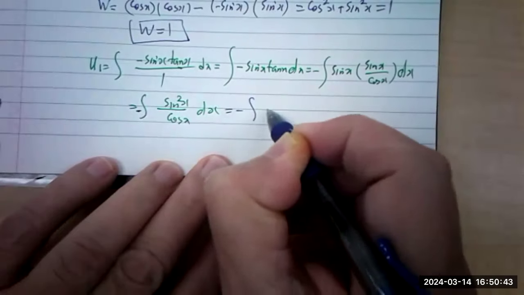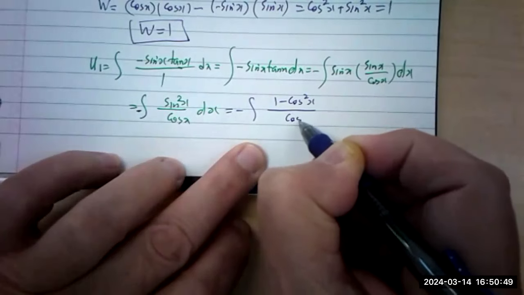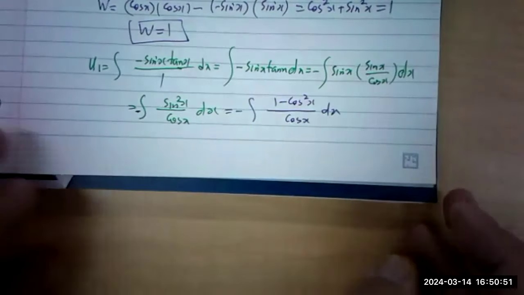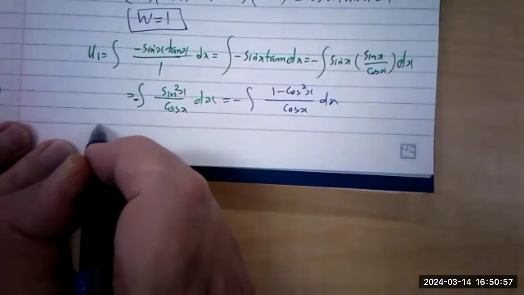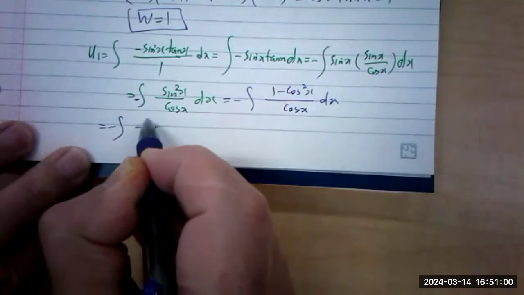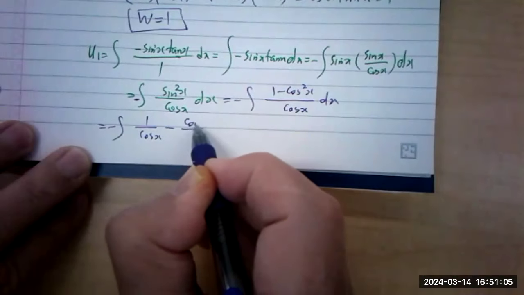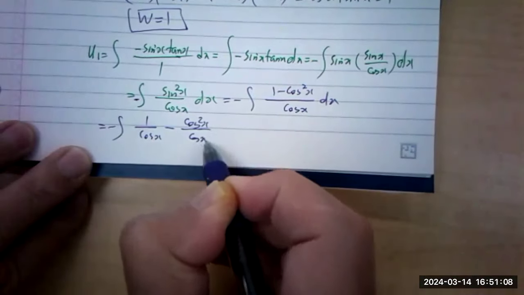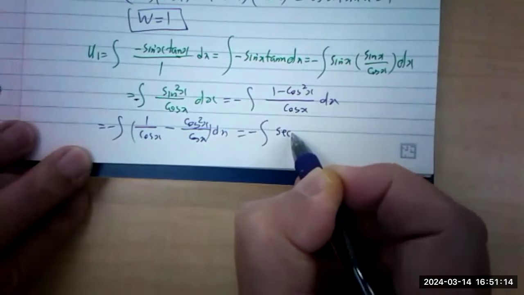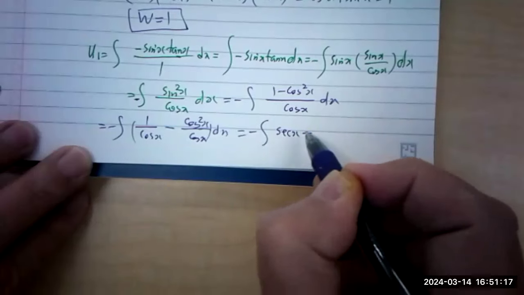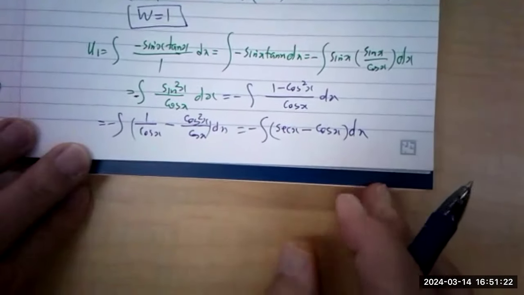So it's going to be negative, 1 minus cosine squared, divided by cosine x dx. Now you break it into fractions. 1 over cosine, which is secant, and cosine squared of x over cosine. So you arrive at the integral of secant x minus cosine x dx. How it can be done. Any question?